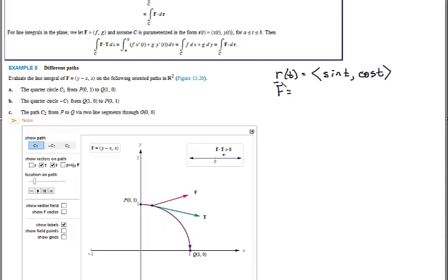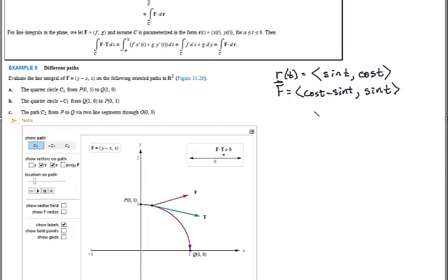This yields our F vector, since it's y minus x, to be cosine t minus sine t, and then the second component is just the x, which is sine t.